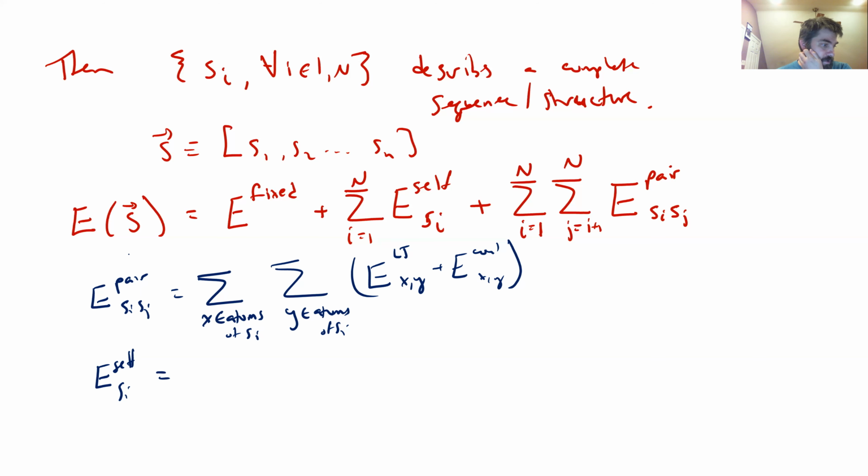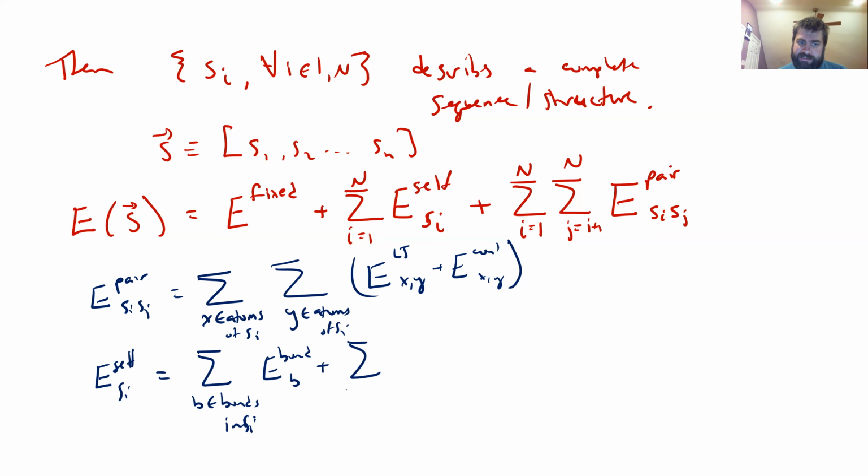So we might write this as, there will indeed be bond terms in this self energy. There will be some set of bonds that include an atom of Si, and we'll have a bond energy of each of those.